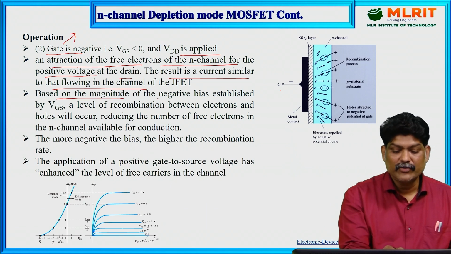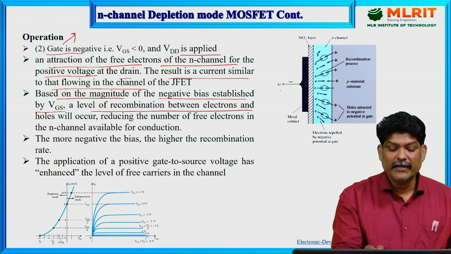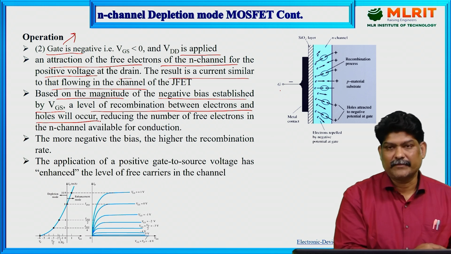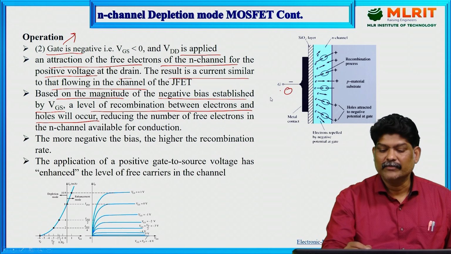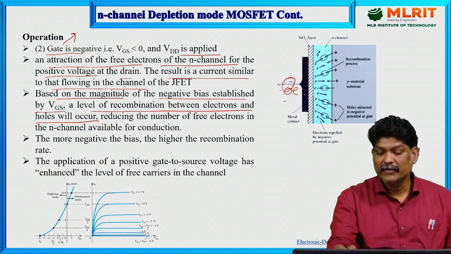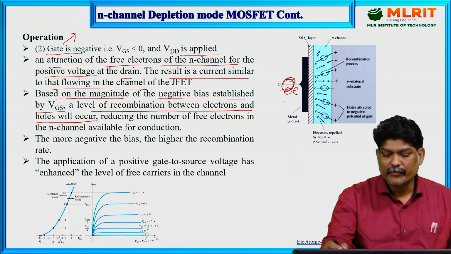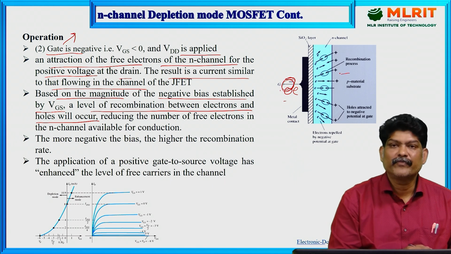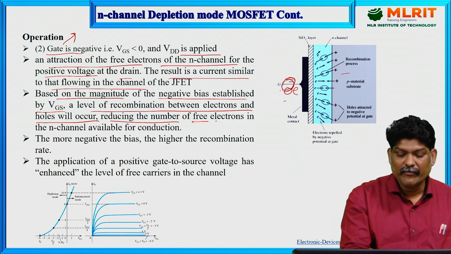Based on the magnitude of the negative bias voltage VGS, a level of recombination between electrons and holes will occur. If you increase the negative gate value, what happens? The gate is negative, and electrons are repelled by this negative gate terminal, so they move towards the P substrate, therefore reducing the number of free electrons in the N channel available for conduction.